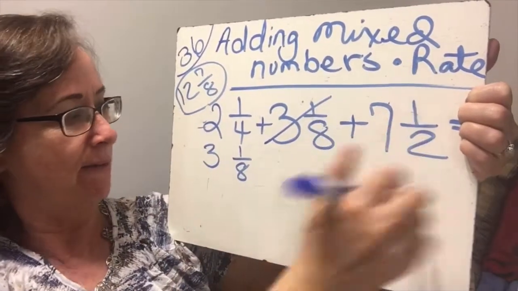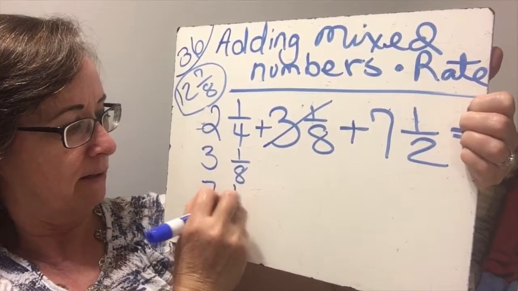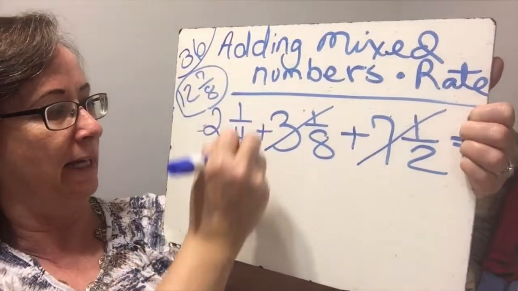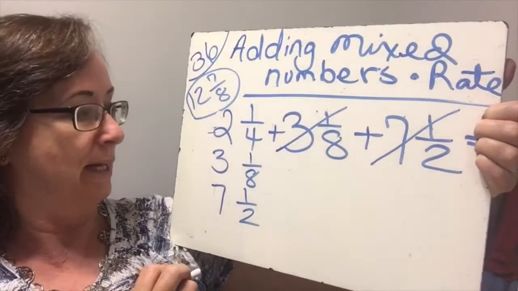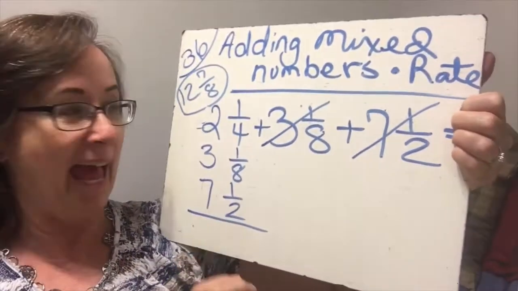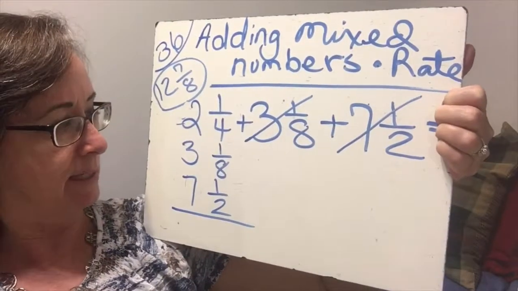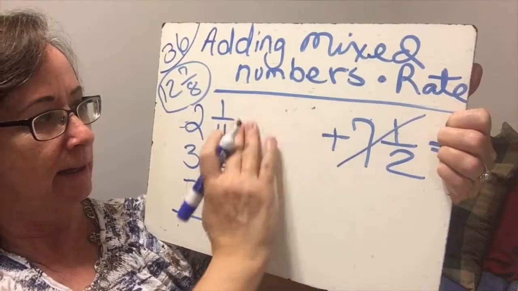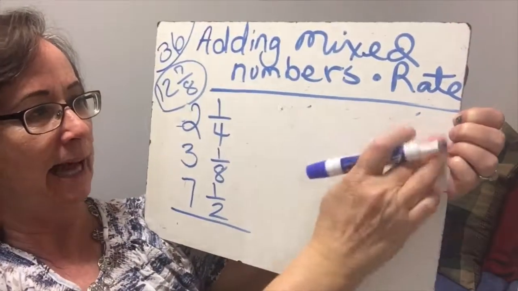We're going to put the 7 and 1/2 underneath that one. And so now we have a string here of 3 mixed numbers. And we're going to add the like parts together. So since I need this space, I'm going to take this away and this away because I've already written them again down here.